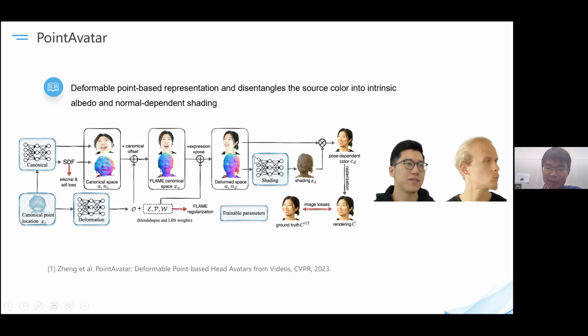For example, here they introduce this shading network, and when they reconstruct the face, they also estimate the normals, and with the normals you can relight the faces, so it looks more realistic. And as you can see, the reconstructed head looks visually better because they also model the light here. And this one is also very fast because it's point-based rendering.